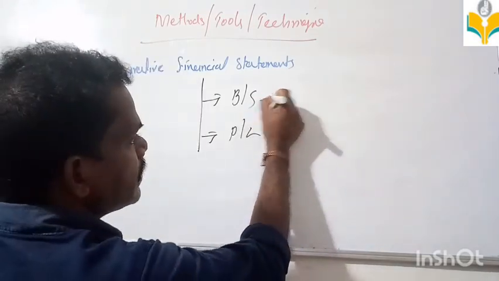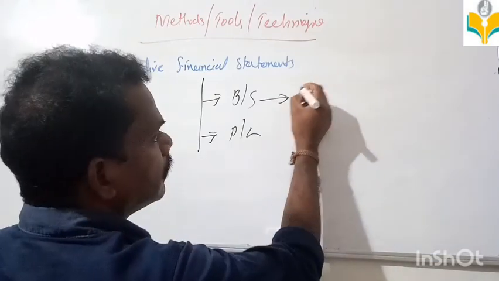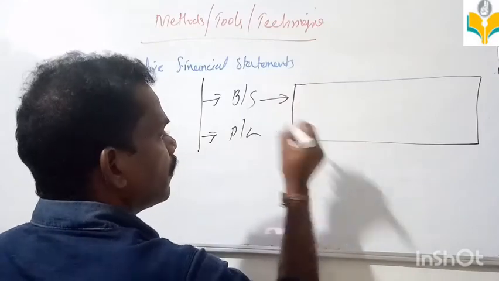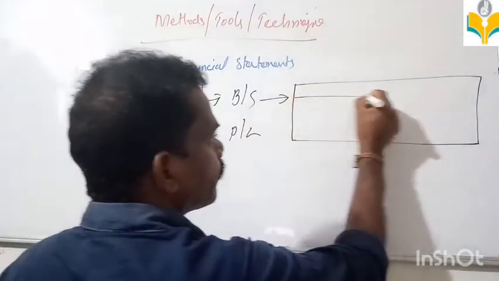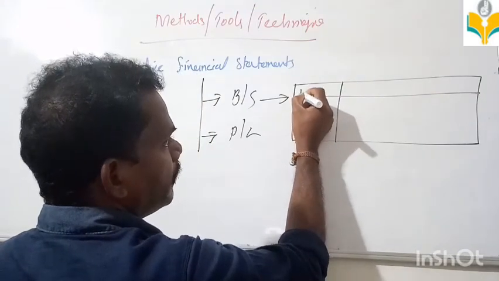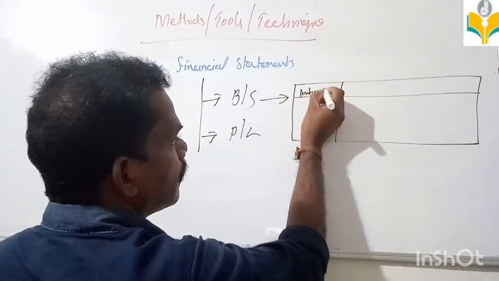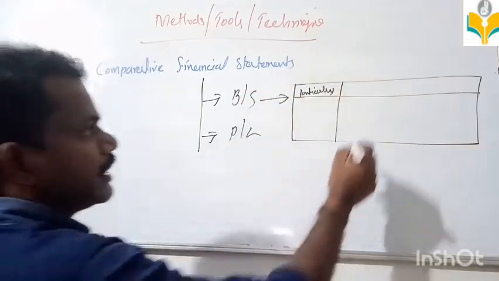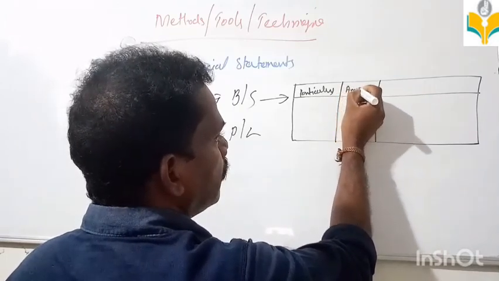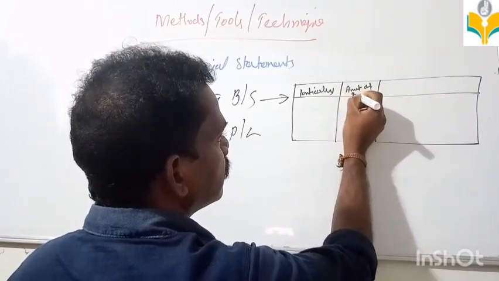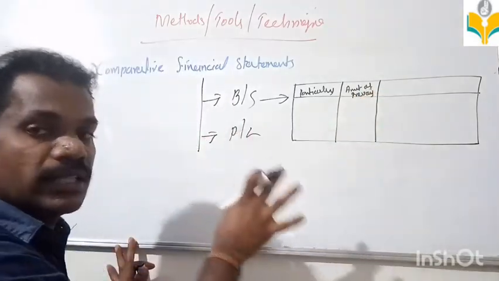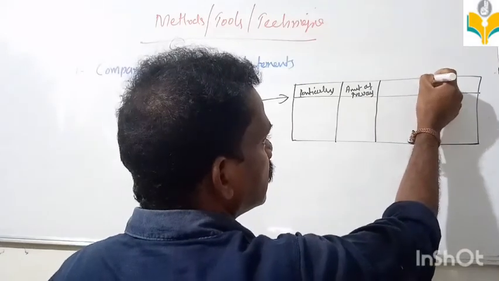In the case of a balance sheet, the format of comparative financial statement: the first column for items or particulars. Second column for amount of previous years, comparing 2 or more years.